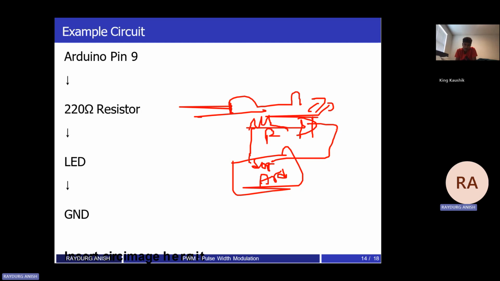Now your task is to replace this digital pin with an analog pin. Sorry, I forgot the resistor here. I mean a PWM pin. That's what we are discussing so far, right?